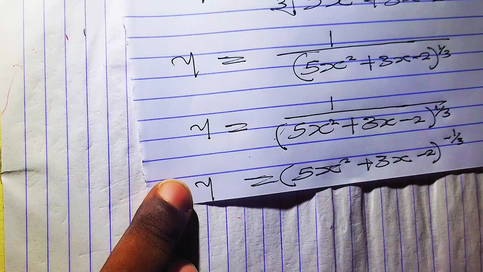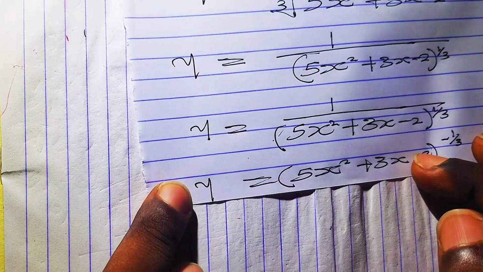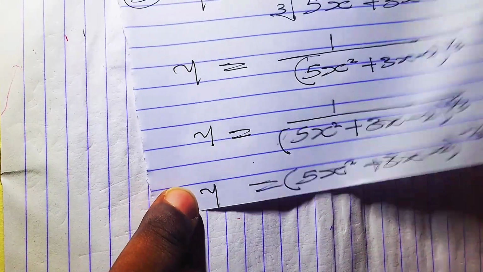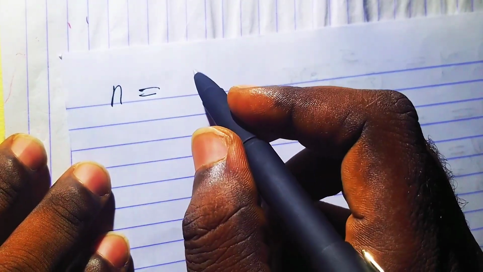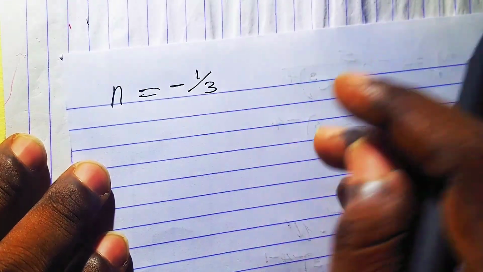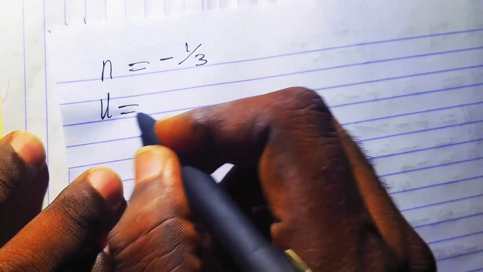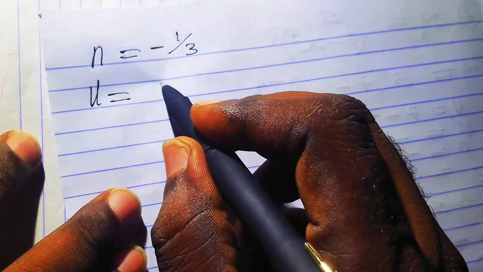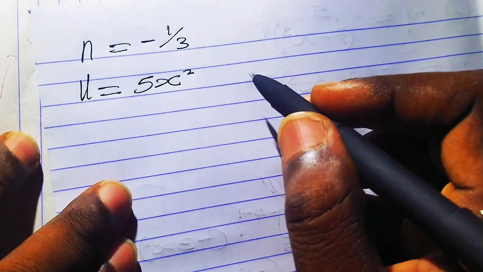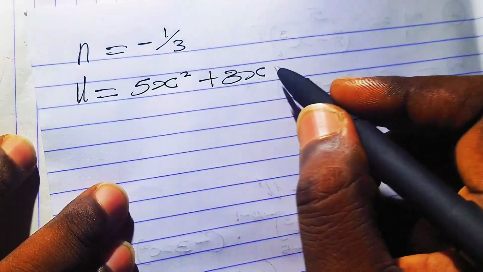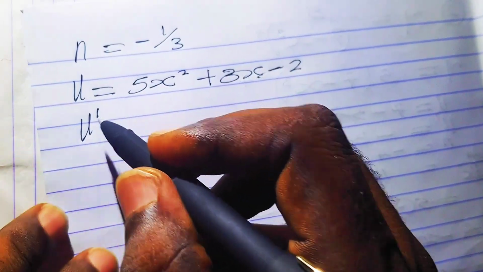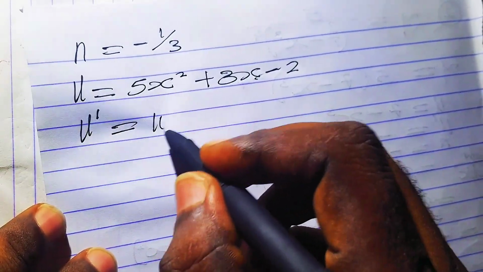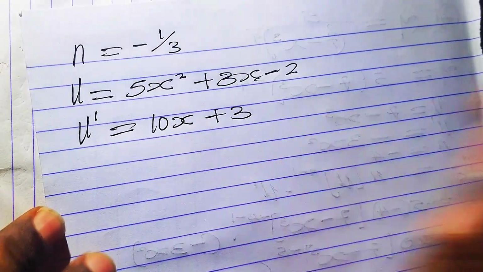So this can be written this way, and then we apply the concept of our chain rule. Don't forget the power. The power itself is n, which is minus 1 over 3, and our u equals 5x squared plus 3x minus 2. That means u prime equals 10x plus 3.